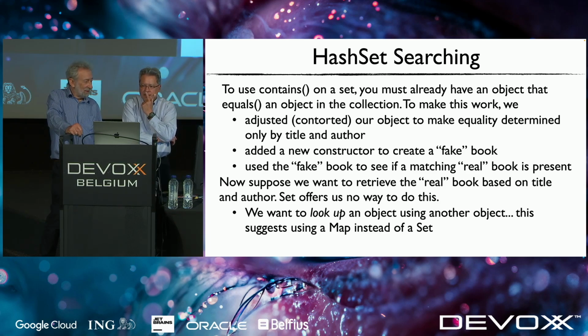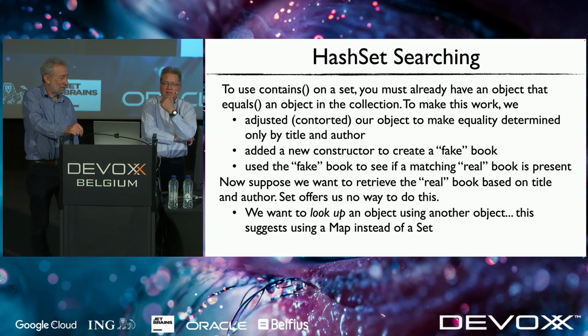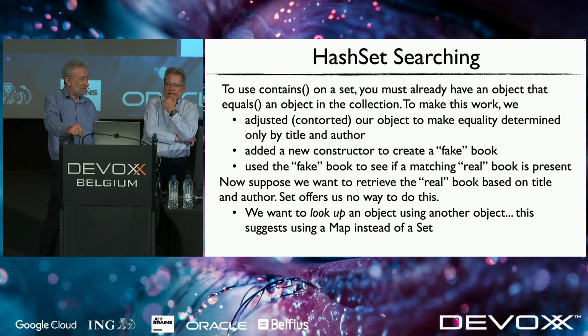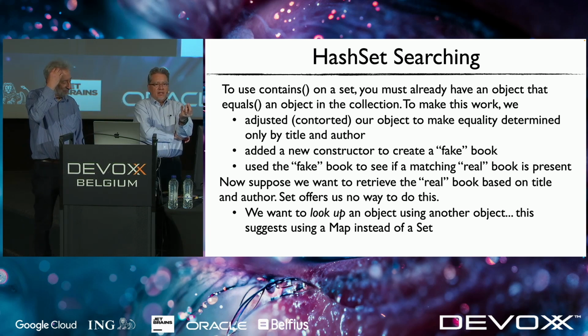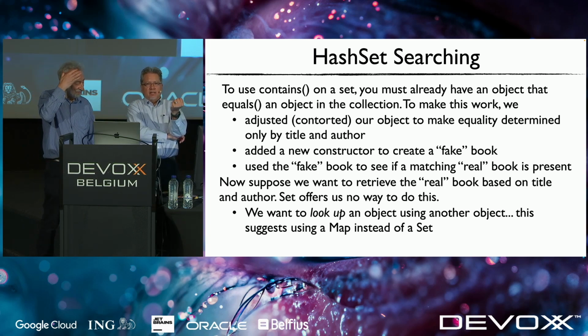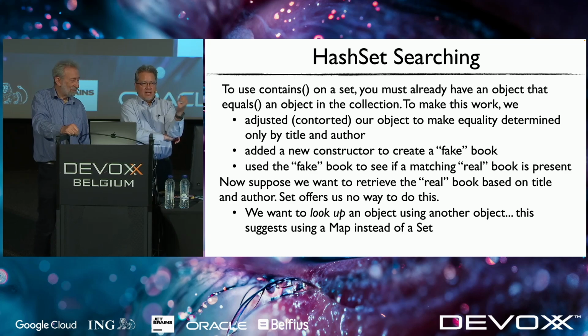So I think we covered this already. If you want to call contains on a set, you already have to have an object that equals an object in the set. And we made that work by adjusting or contorting the object design of our book in that it only considers books equal if their title and author are equal. Then we added a constructor to do that.